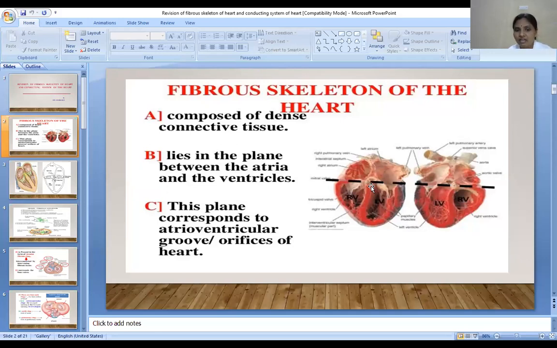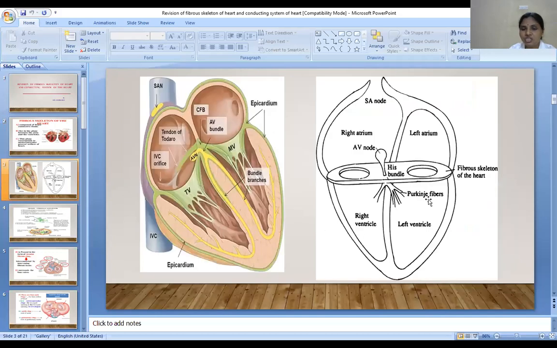So, what is that plane? It exactly lies between the atria and ventricles. So, we can expect this at the level of the orifices, which are atrioventricular orifices, right? See this picture showing that level. So, between the two atria above and two ventricles below and in front, it is a plane between these two.